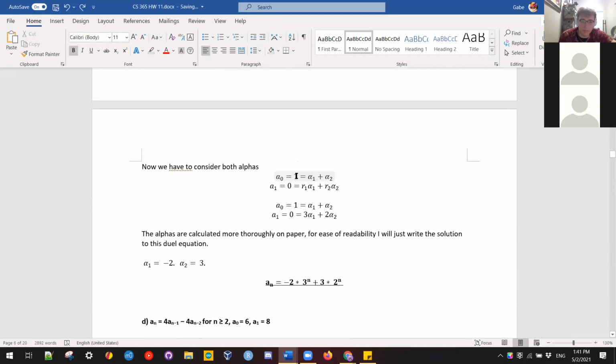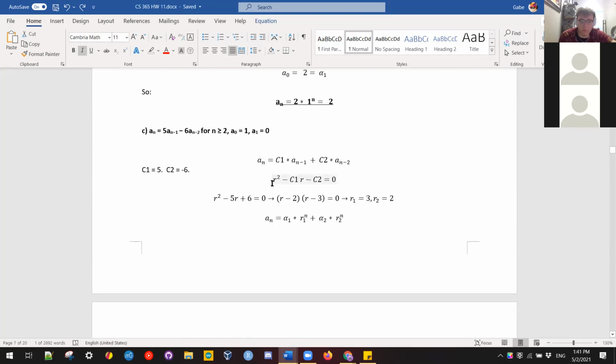And with that, you can use a matrix to solve it, or you can just kind of break it down. Here, I'm just repeating the same thing, except I'm actually plugging in r1 and r2, which we solved from this guy here, which we got 3 and 2.